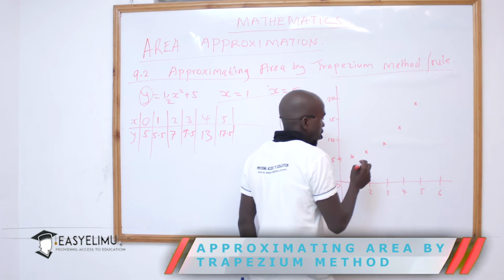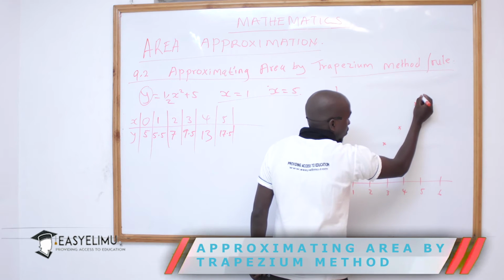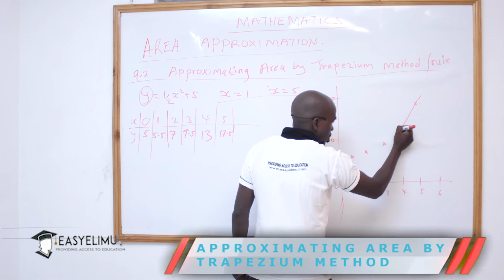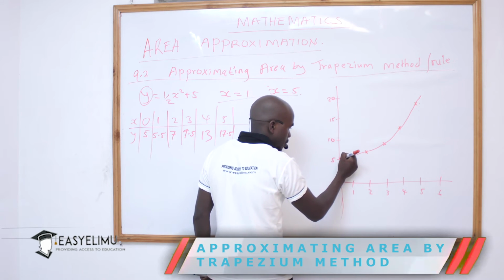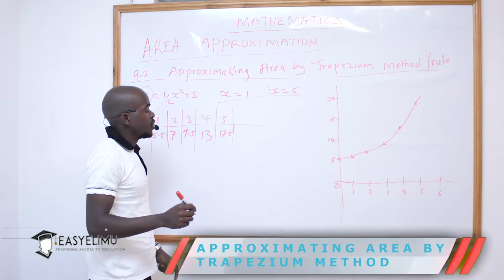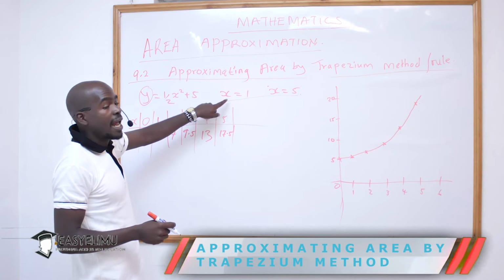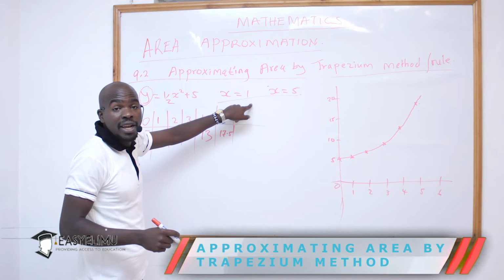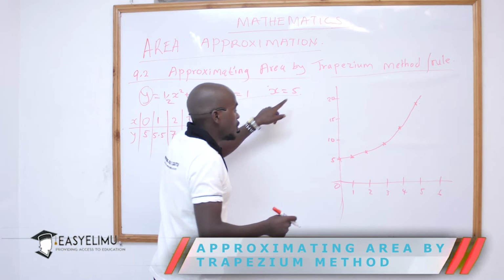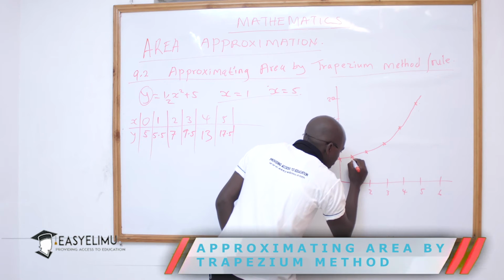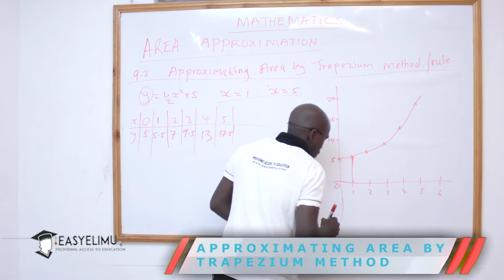So if we plot the curve, we are going to find that our curve is almost passing through that point. So we need to find the area under the curve from x equals 1 to x equals 5. If it is from x equals 1, it means we shall start with this x equals 1.